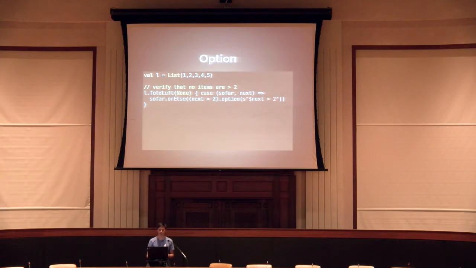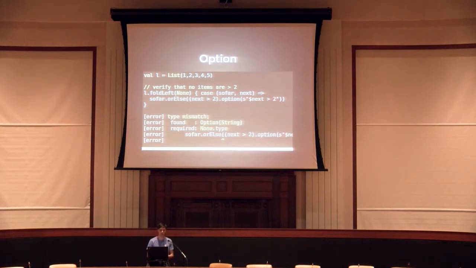But what ends up happening is, because of the way Scala's type inference works, it sees that none, and it doesn't have anything else to infer the type from in that context, and so it finds the most specific type there, or the least specific type rather, one of those, and it ends up getting resolved to none.type. And so this doesn't compile, even though none and option of string are part of a common hierarchy, right?